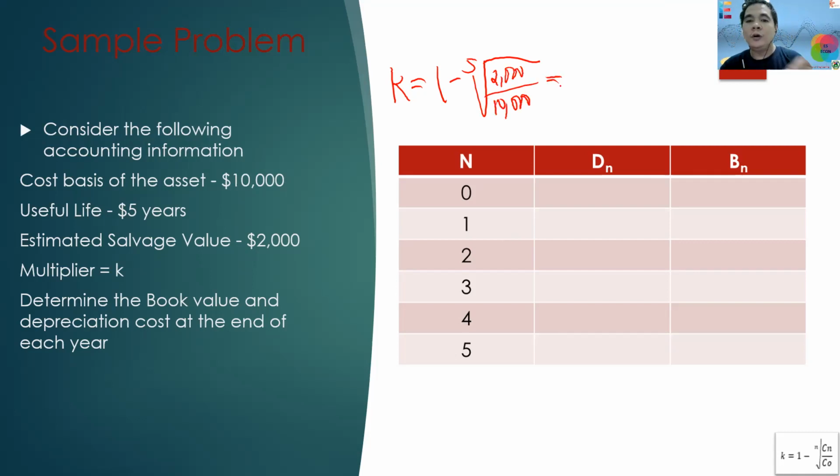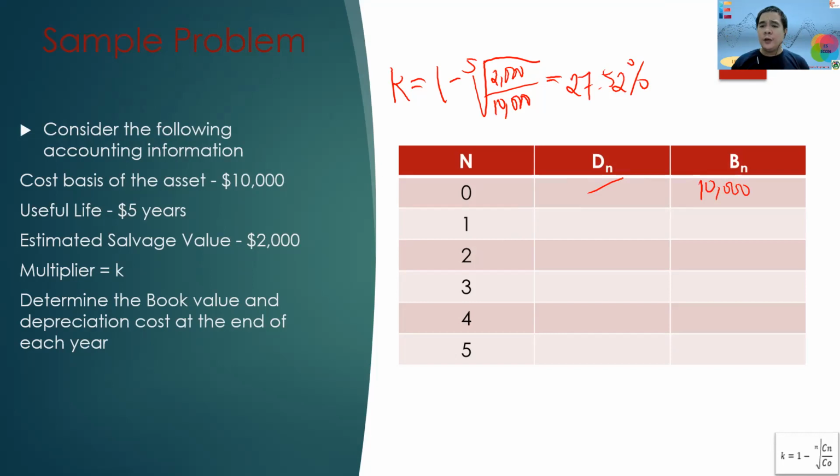So, therefore, that is 2,000 divided by 10,000 to the exponent of 1 divided by 5. 1 minus the answer is 27.52%. So, your depreciation percentage every year is about 27.52%.